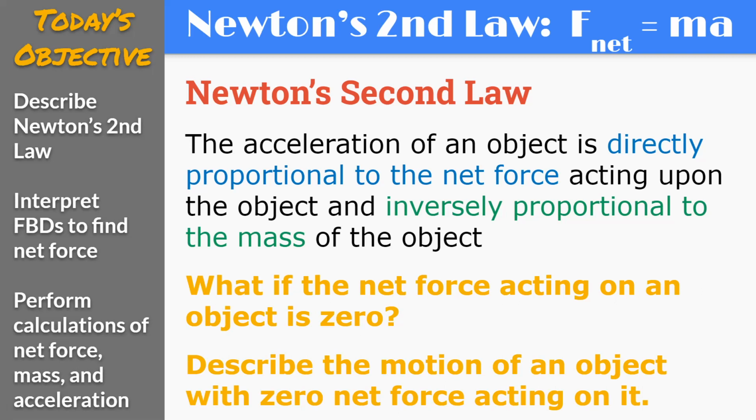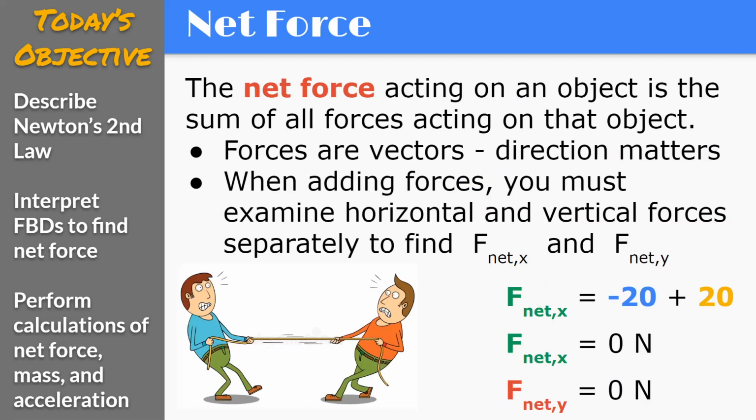That's okay, but think about it mathematically. If this is 0, the object still has mass, what does your acceleration have to be? 0. So if you have 0 net force acting on the object, it means that object won't accelerate. It doesn't mean it's not moving, although it could. But it means that if it is moving, it's moving at constant speed.